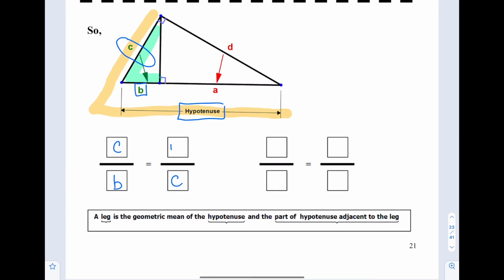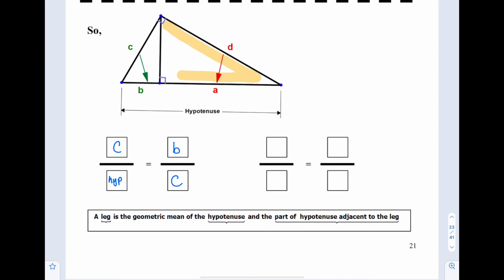So B and whatever the hypotenuse is. I could have also put the hypotenuse down here and the part B up there. Again, it doesn't matter where I put those other two numbers, as long as I have the geometric mean, one on top and one on the bottom in the different fractions.